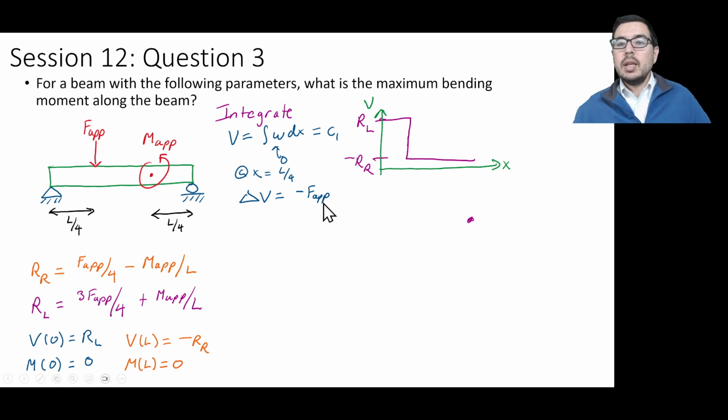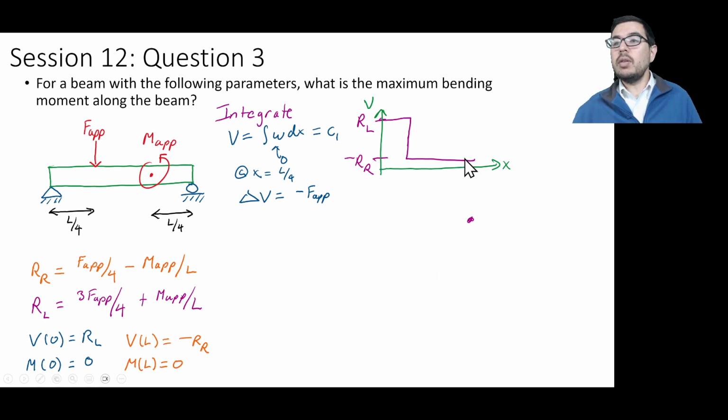The other thing that's interesting is that this integral reveals that the shear force has to be constant. So it stays constant, even though my line's a little bit slopey. At the right side, we see that the boundary condition has to be equal to minus RR.